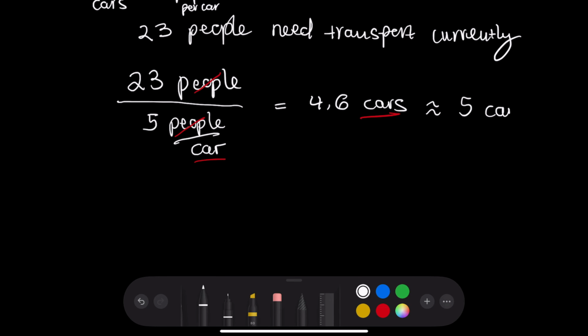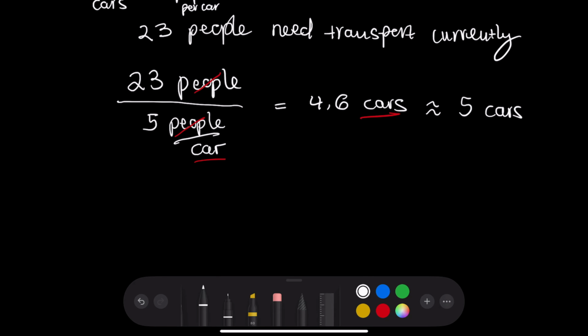Because I can't leave any people behind, right? If I have 5 people that can fit in a car and I have 23 people in total, we all need to go to the wedding. So I can only get 4 cars or 5 cars. So I round off to 5.